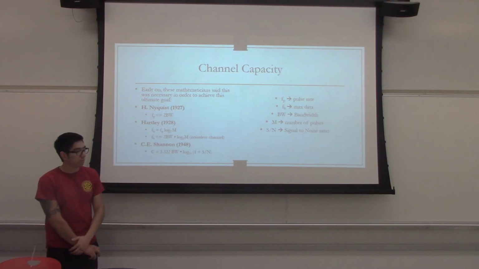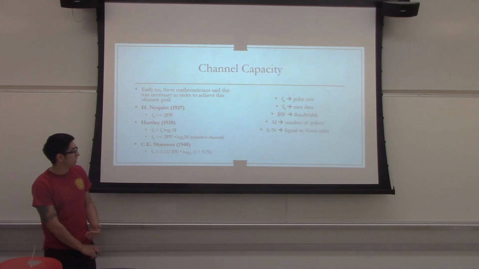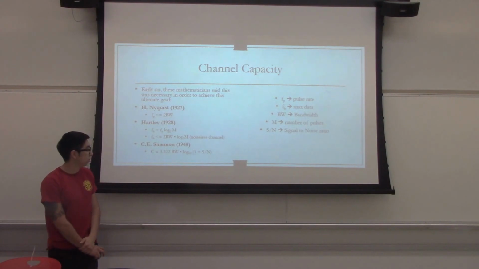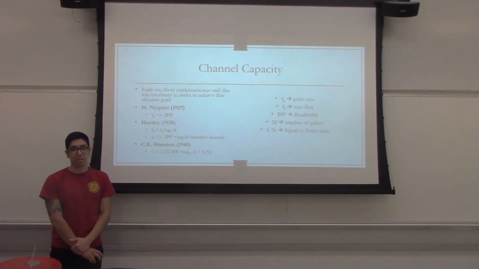Combining all of those, a new theorem was evolved, which stated that the maximum data that can be transmitted over a channel that is affected by additive white Gaussian noise is the channel capacity, where it is equal to 3.322 times bandwidth times log base 10 of 1 plus signal to noise ratio. Or it's also channel capacity is equal to bandwidth log base 2 of 1 plus signal to noise ratio.